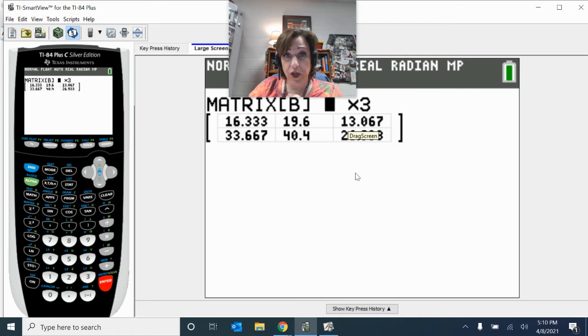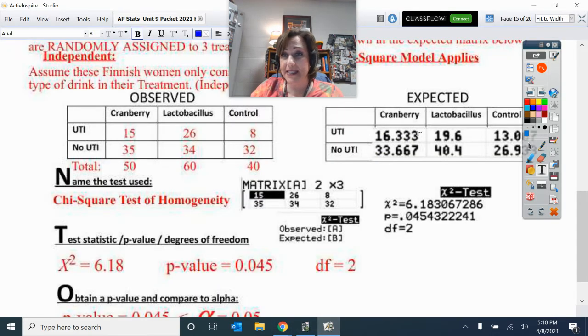So I prefer to look at my matrix B in the edit menu. It comes out nicer. So that is the picture that I copied and pasted right here. So therefore I know all of the expected counts are greater than or equal to 5.